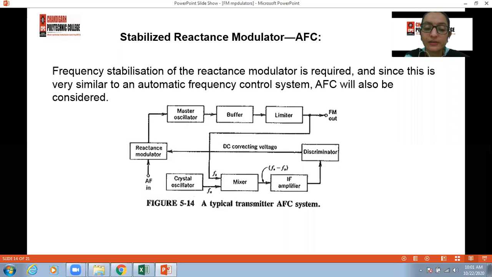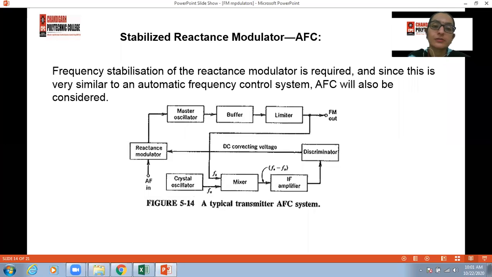Consider a case where the frequency of the master oscillator drifts high. This higher frequency, along with the stable frequency of the crystal oscillator, is fed to the mixer, and the output of the mixer will be a higher frequency, which is fed to the phase discriminator.